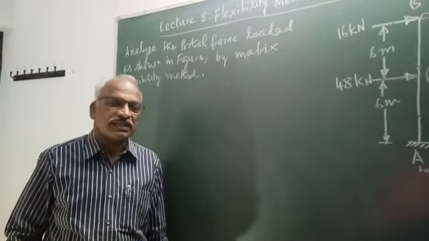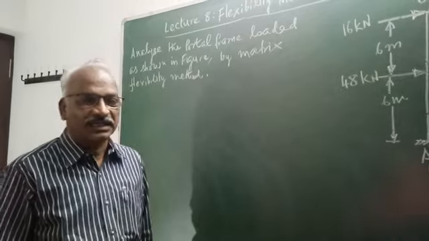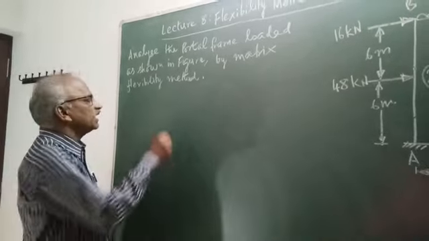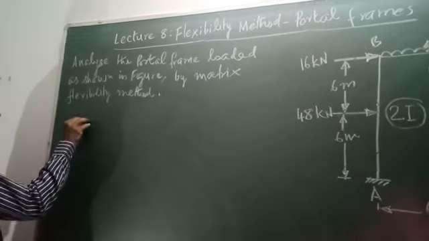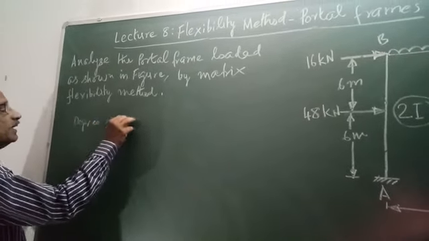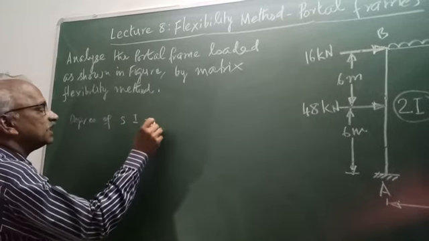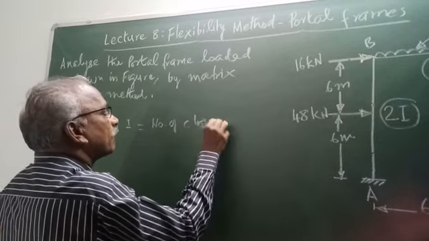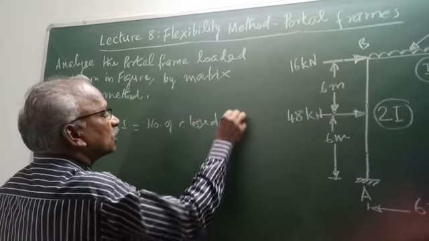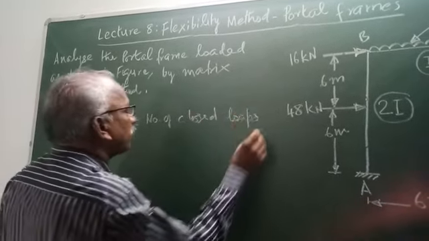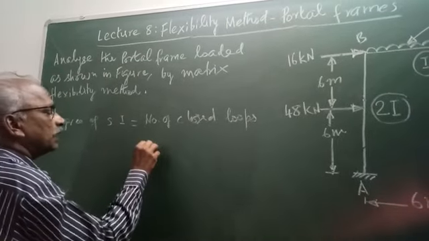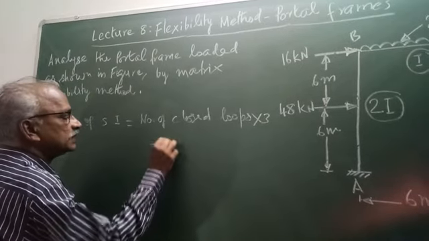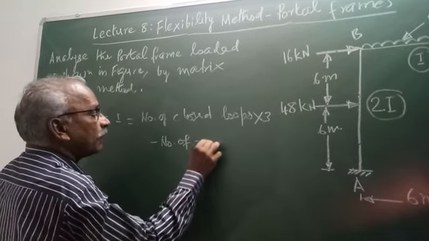As we know, the first step in the analysis is finding out the degree of static indeterminacy. So the degree of static indeterminacy is equal to number of closed loops into 3 minus number of releases.